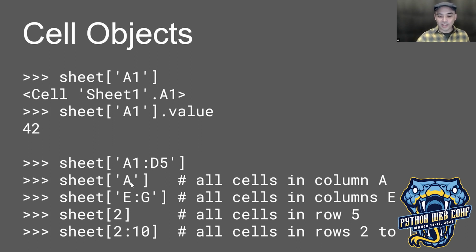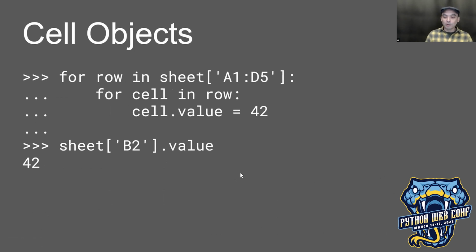But you could also just specify a column, just to get all the cells in that one column, or all the cells in one row, or maybe you want to grab all of the columns within a range of columns or a range of rows. Generally, you'll use these in for loops. And so here we're iterating over all of the rows in this range of cells right here. And then since those are rows, we have another for loop that just iterates over all the cells in that row, and then we can make whatever modifications or read the data from that right here.